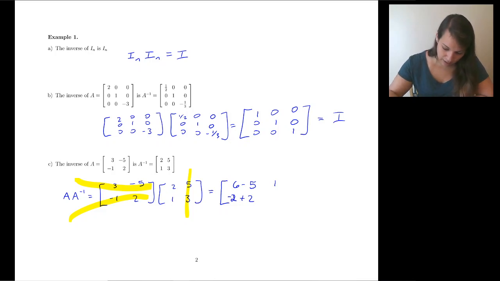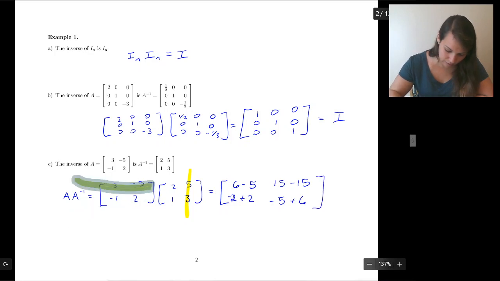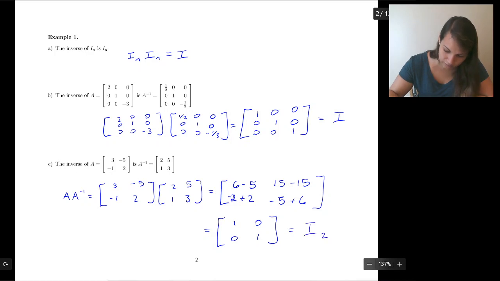That's going to be -5 plus 6. Okay, we simplify, and we do indeed get the identity matrix.